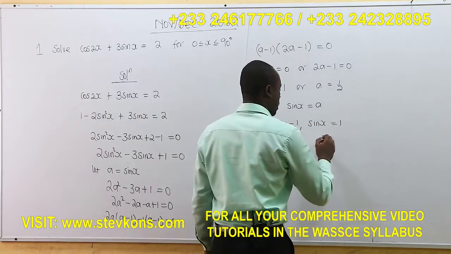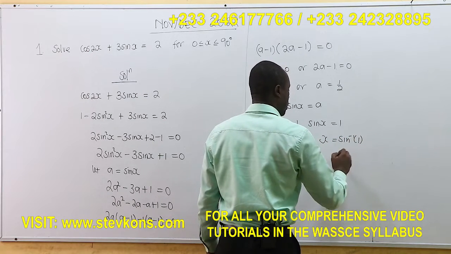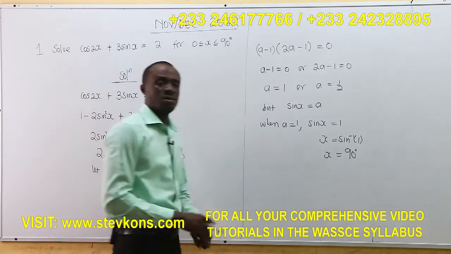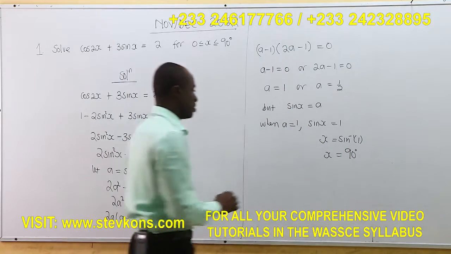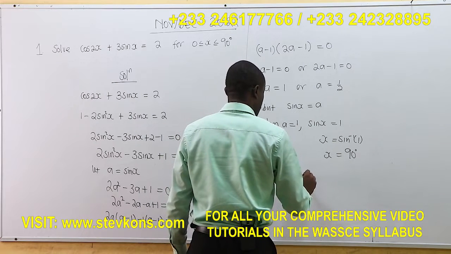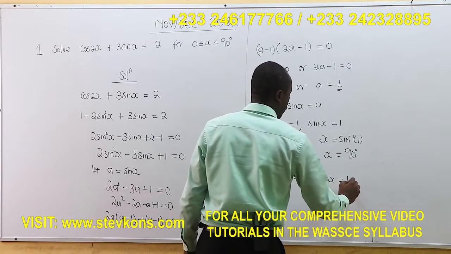We know that from here x is equal to sine inverse of 1, and sine inverse of 1 is 90. So x is equal to 90. Also, when a is equal to half, we have sine x equal to half.